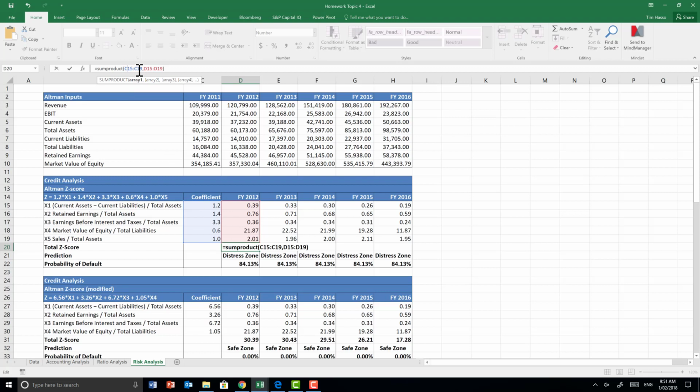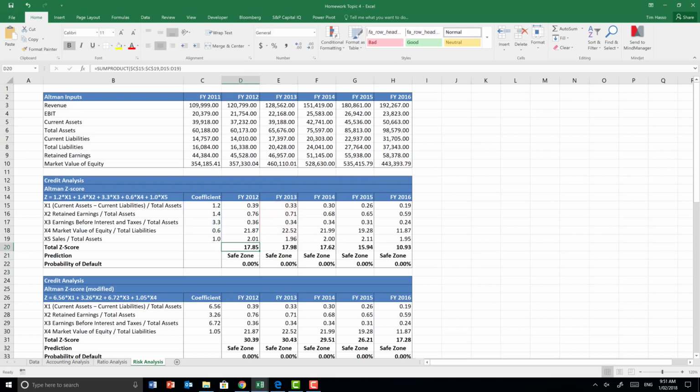What you want to do is press F4 in that area in order to lock those cells. So you essentially add the dollar signs around the cell references. What that helps you to do is, when you drag this to the right, it locks the coefficient column for you while still allowing you to use the relative value column.